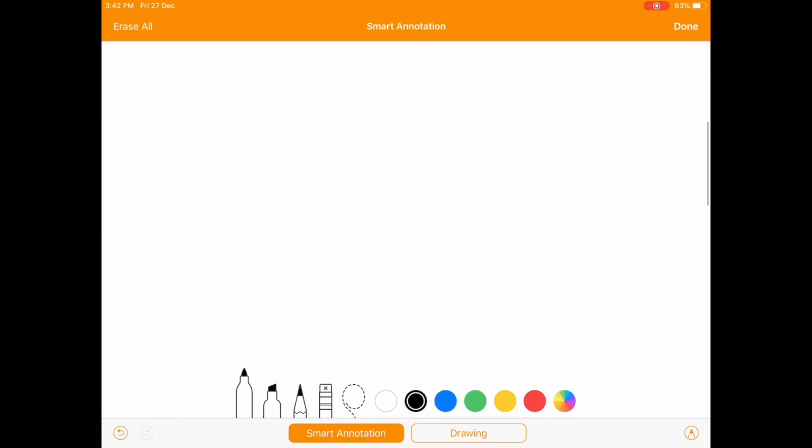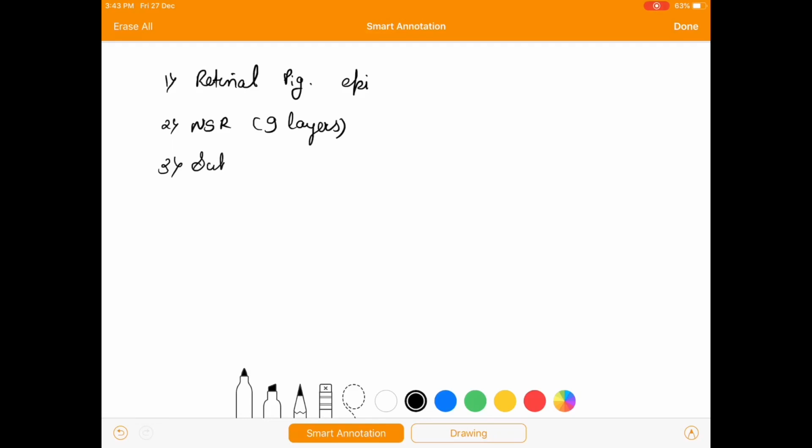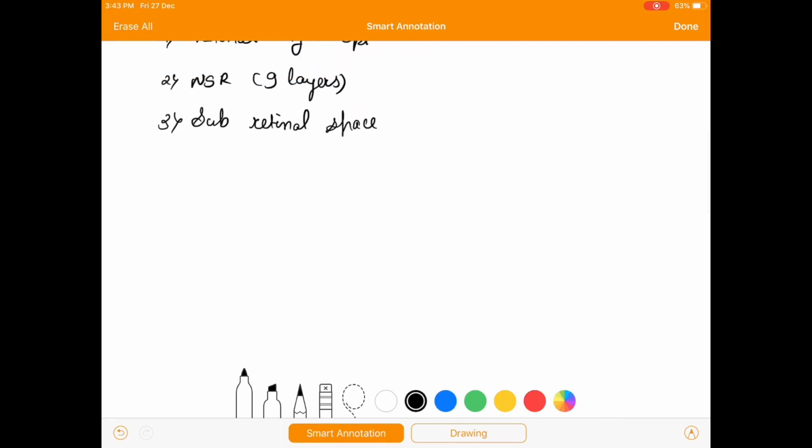So we will enumerate it first and then we'll go towards the mesoderm. So what are the structures given from neuroectoderm? First, the retinal pigment epithelium, neurosensory retina, all 9 layers. Then there is subretinal space, aka optic cavity. Then the fourth is optic nerve.